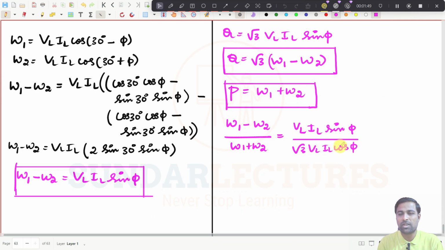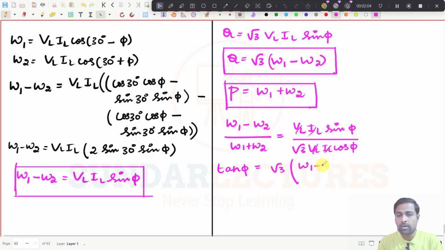Why am I doing this sin phi by cos phi? Maybe that is very easy, right? So I can bring this one to the other side. So sin by cos is tan phi, right? So tan phi is equal to root 3 times W1 minus W2 divided by W1 plus W2.